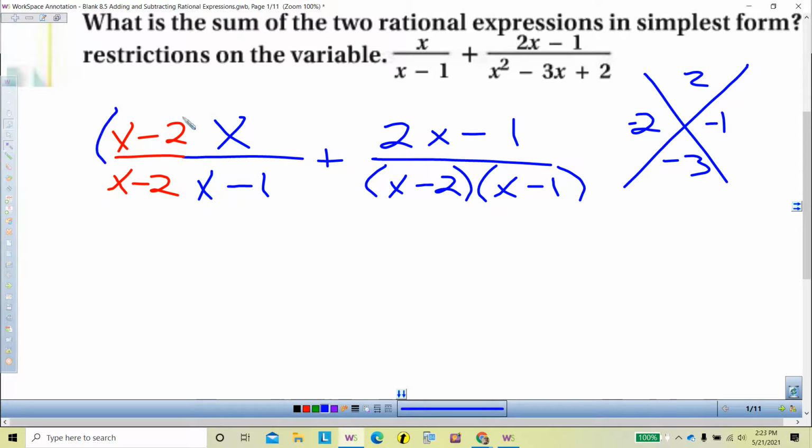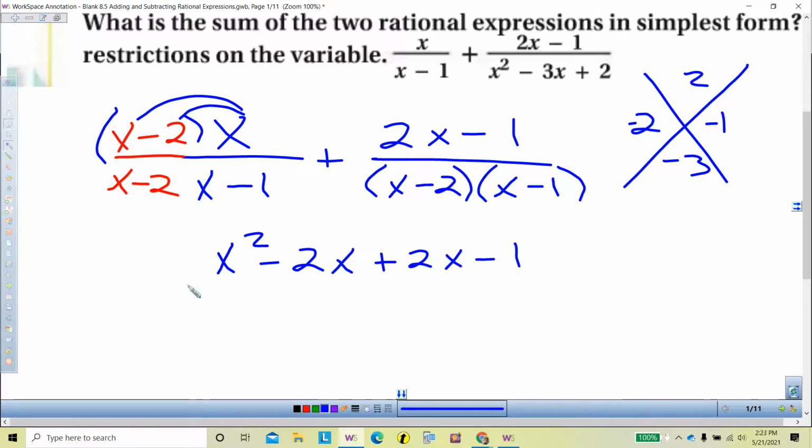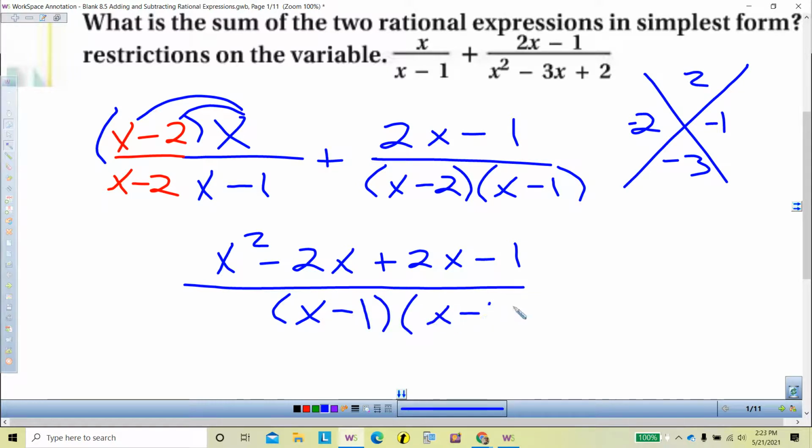So we got to distribute this x into the parentheses. And then when you add two fractions, you add the numerators, leave the denominator alone. So in the numerator we have x squared minus 2x. And then I write the other numerator, plus 2x minus 1. And then it's over x minus 1 and x minus 2.